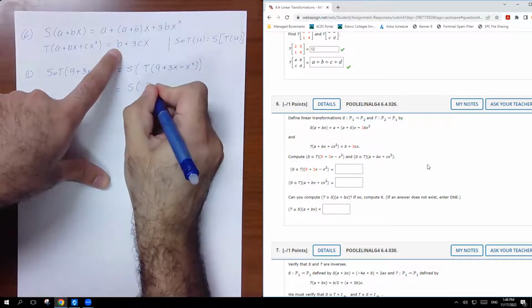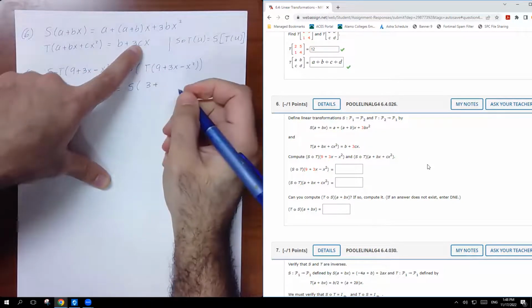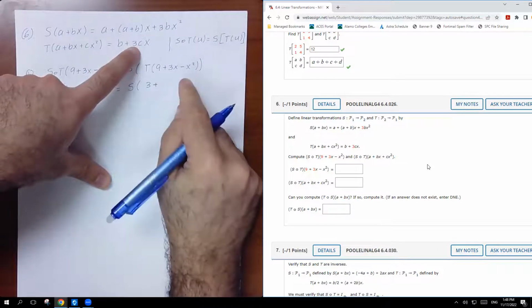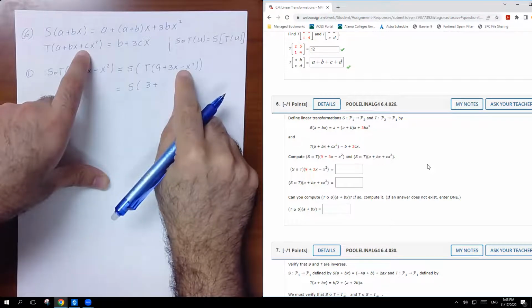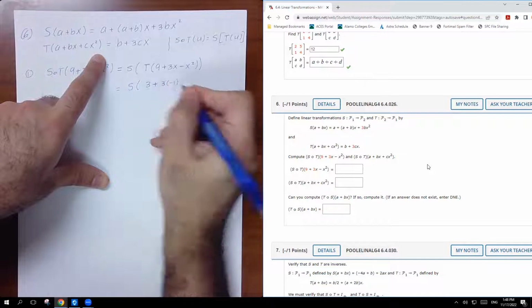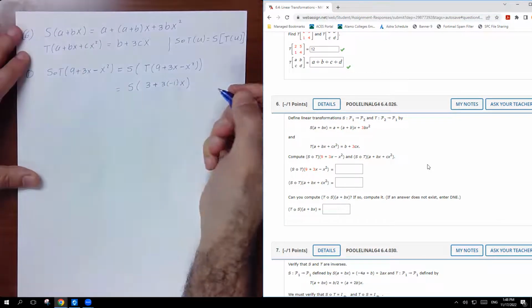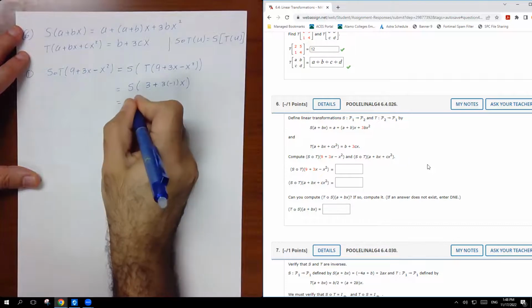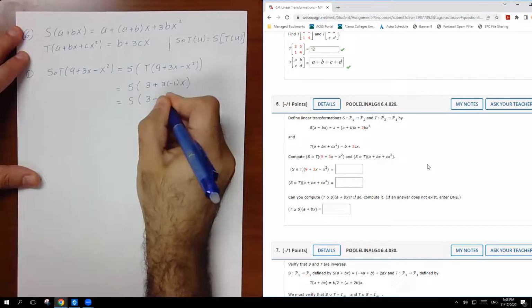So it's going to be 3 plus 3 times C. How much is the C? The C is -1. So 3 times -1, and here is the X. I'm just using the rule. So this one is going to be S of, simplified, 3 minus 3X.